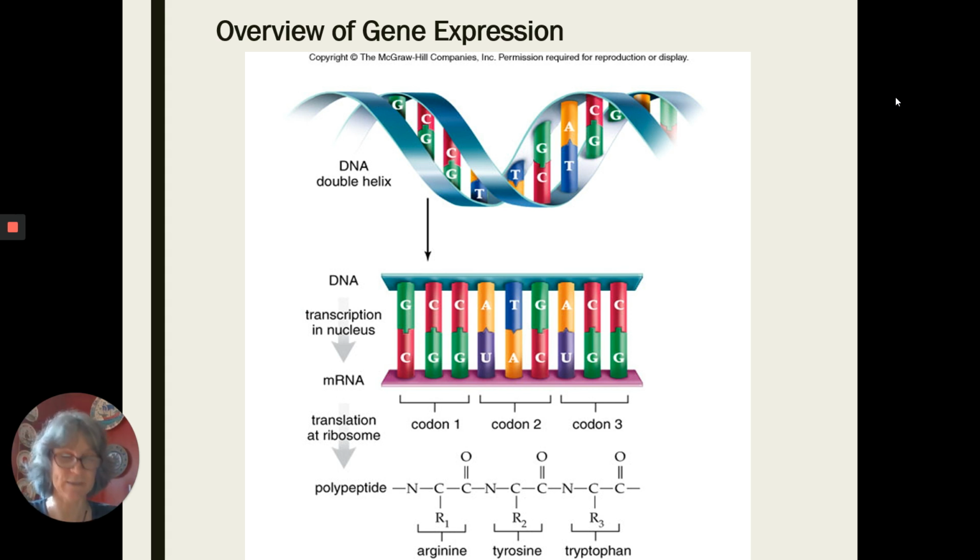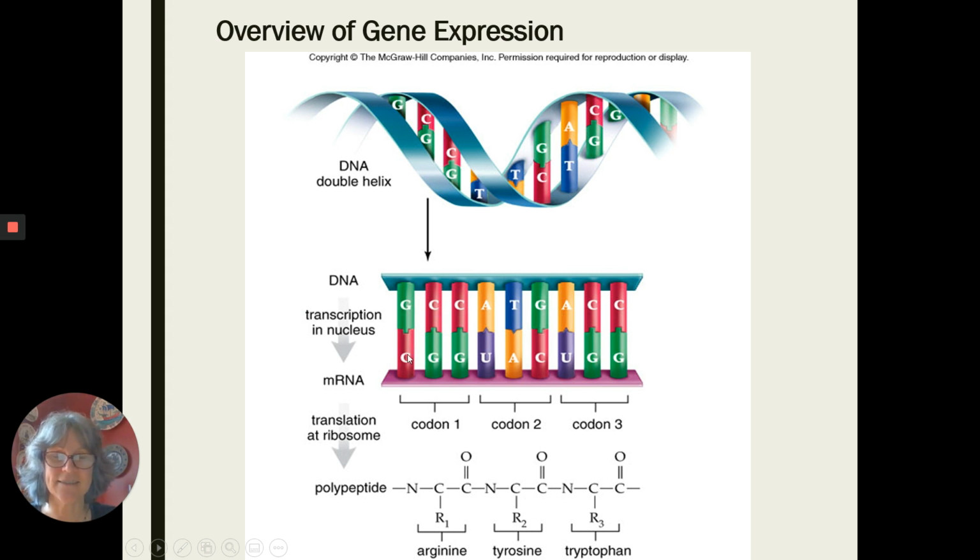So quickly, we'll go step by step. The process of gene expression is I take the information in my double-stranded DNA. I use one strand of this as my template strand. So here is my template DNA, and I match up the corresponding complementary bases.